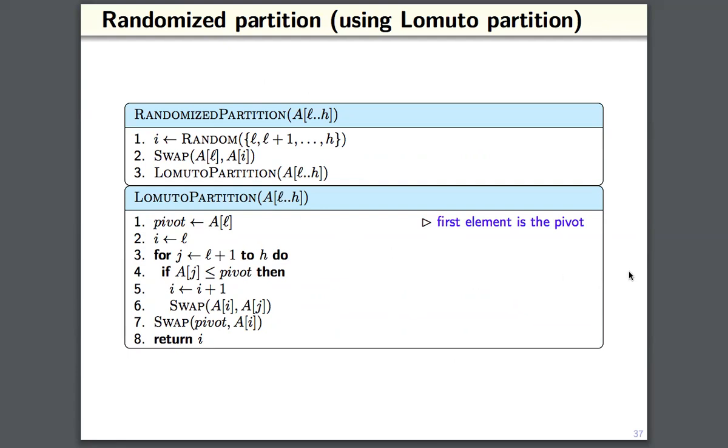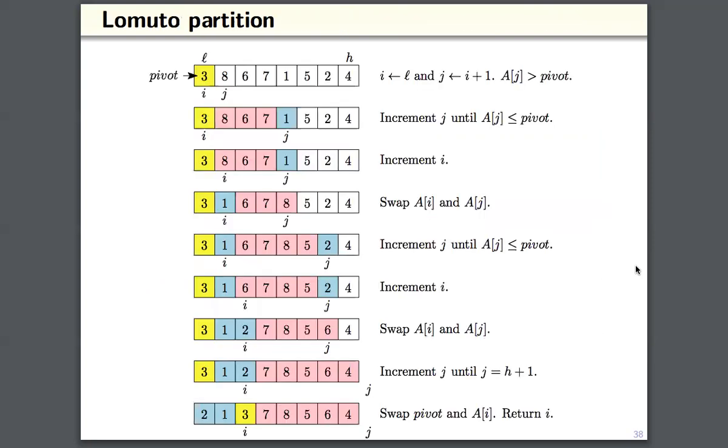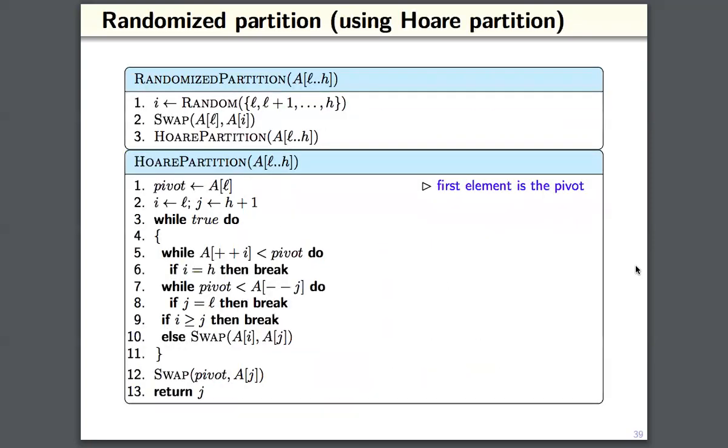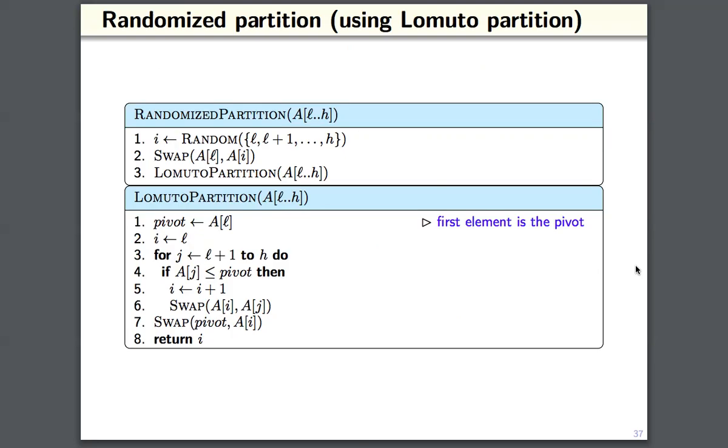All these are linear time algorithms, right? Partition takes linear time. Lomuto partition takes linear time, Hoare partition takes linear time, but I believe Hoare might be slightly faster than Lomuto partition in practice. So try that out, and do all these experiments.